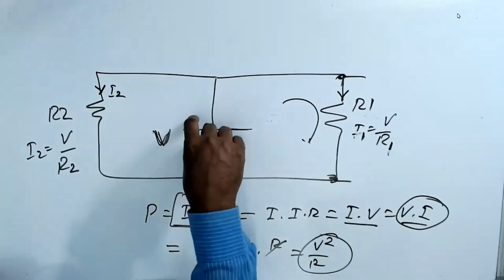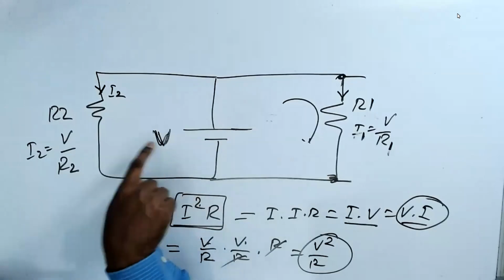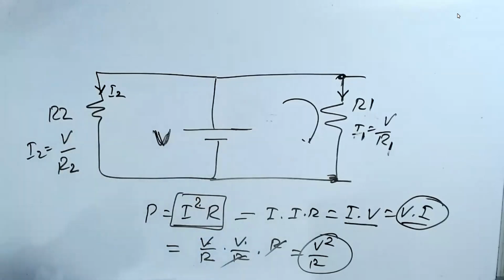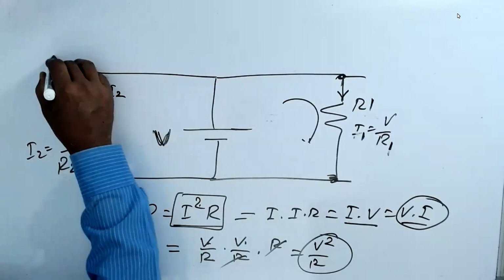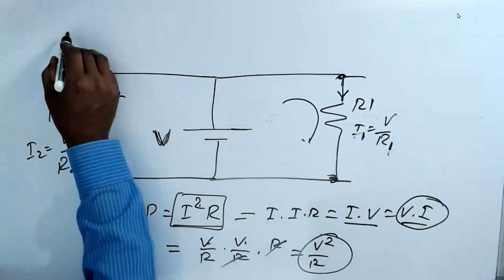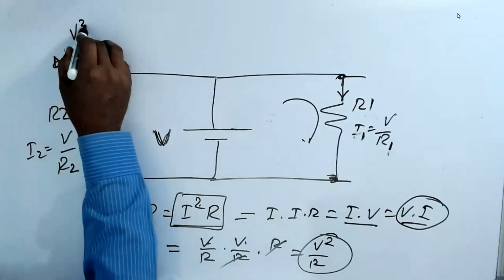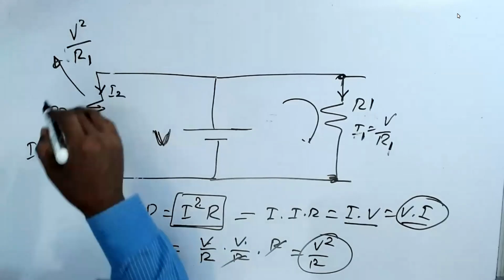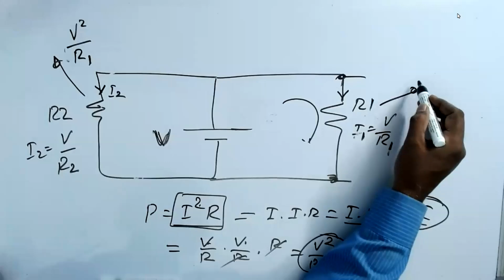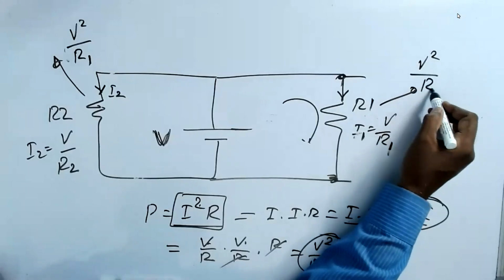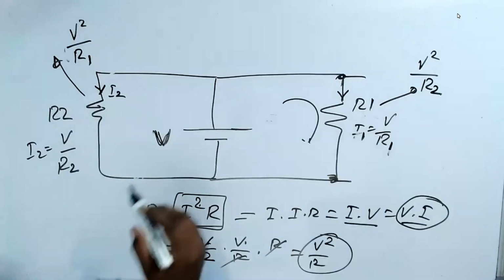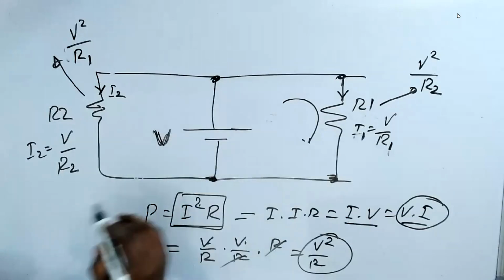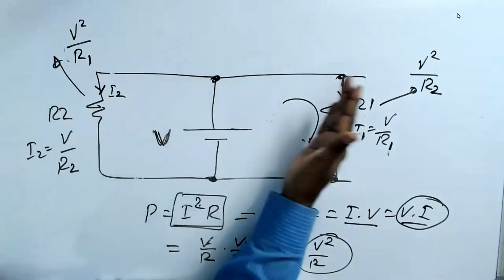In this case, I have V and I have an R. So the power dissipated by this resistance is V square by R1. The power dissipated by this one is V square by R2. Understand? Now what happened? I connected them in parallel to the battery, not in series.